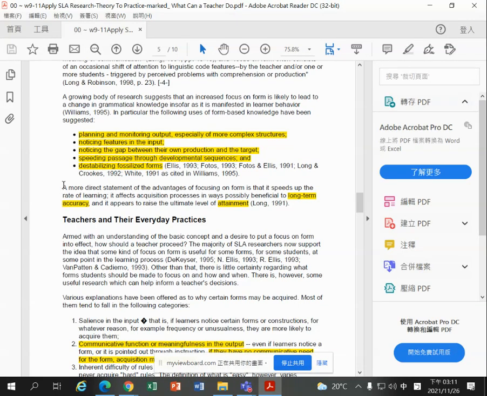And in educational setting or social experiment, a lot of time, especially for education, we always look for the long-term accuracy or long-term attainment. What is long-term accuracy or attainment? Ultimate level of attainment. What is attainment? All right, right now you're at B2 level, right?